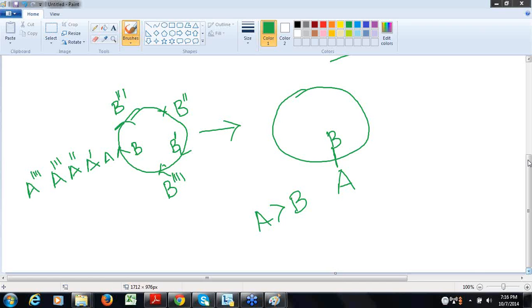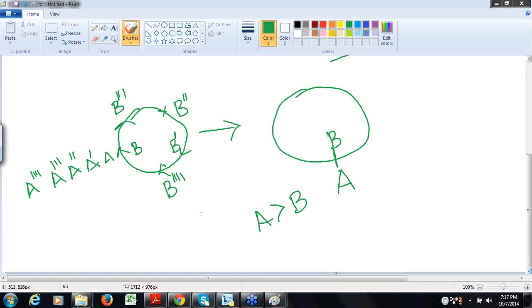Ravinder, you are getting this point or not? If B is taking any other value, then B would have lapped A before.